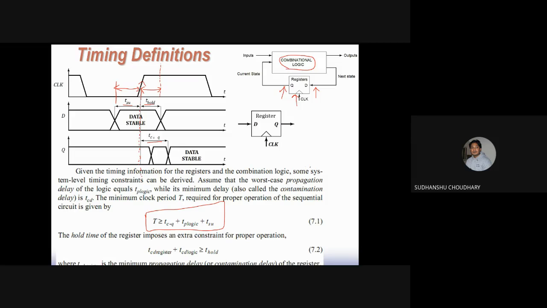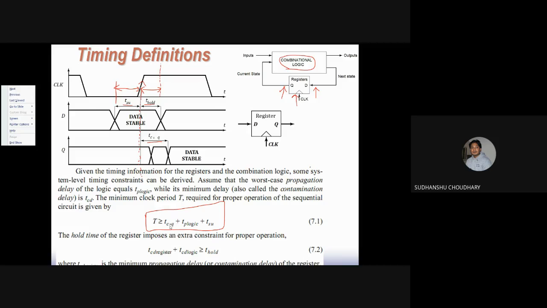So three delays have to be included in calculating the minimum clock period required for this circuit to function correctly. So that minimum clock period should be greater than or equal to the delay of this register plus delay of this combinational logic plus the setup time, right?